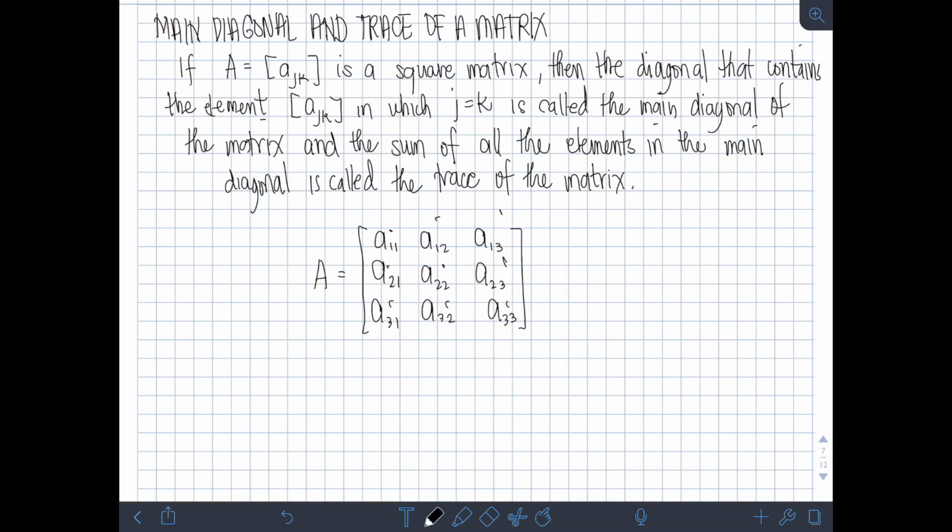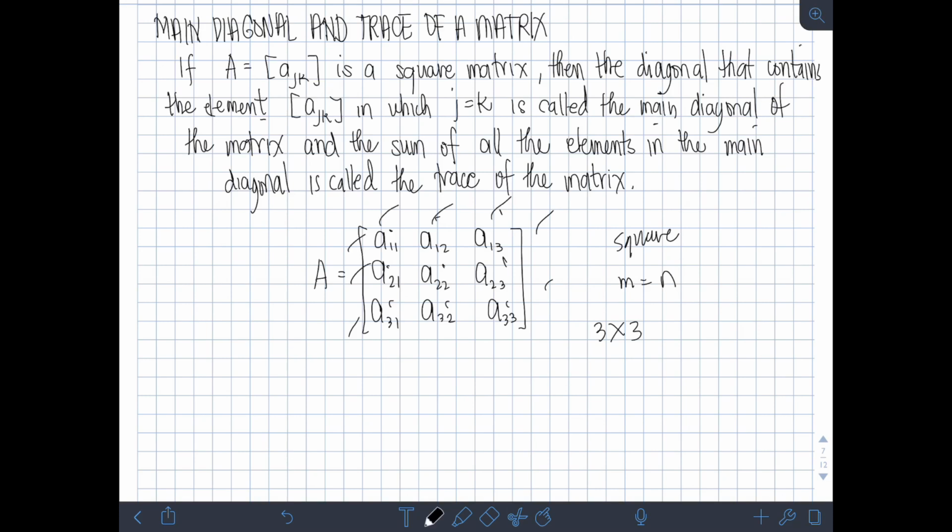So let's say meron tayong matrix A with elements A11, A12, A13, A21, A22, A23, A31, A32, and A33. So dapat yung specific matrix natin ay square matrix para mahanap natin yung diagonal. Pag sinabing square matrix, equal yung number ng row sa number ng column. So in this case, yung example natin, meron tayong 3 by 3 matrix. 3 rows and 3 columns.